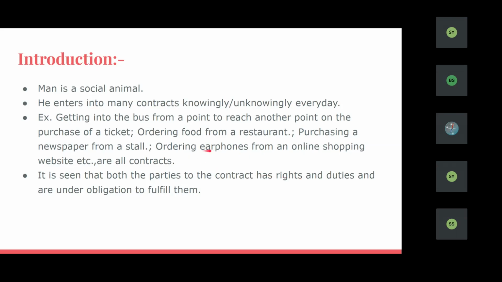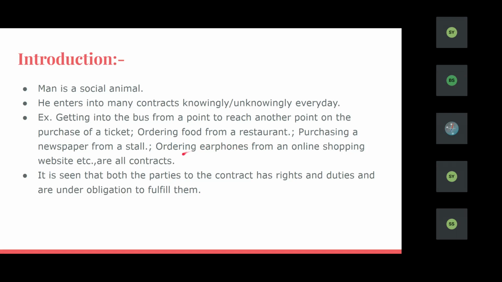In the example which we have seen, you have placed an order, right? So your right is to get the earphones. In the same manner, the online shopping website's duty is to send you the earphones, right? And also, it is your duty to pay the charges of the earphones, right? So, a contract creates rights and duties between the parties.